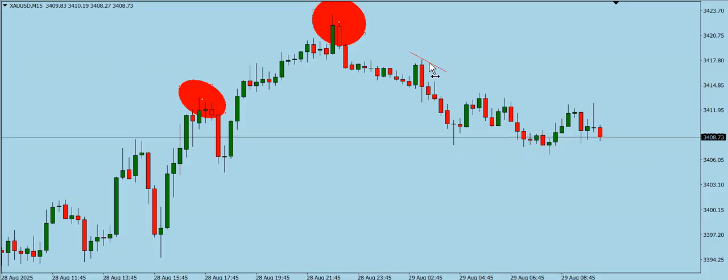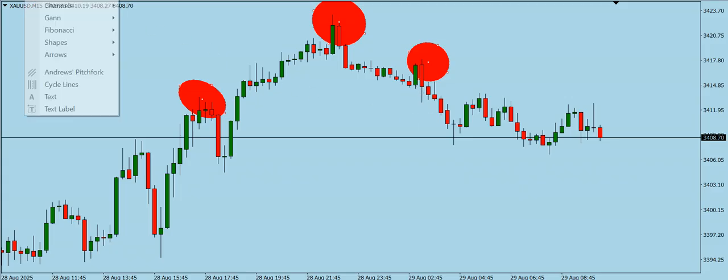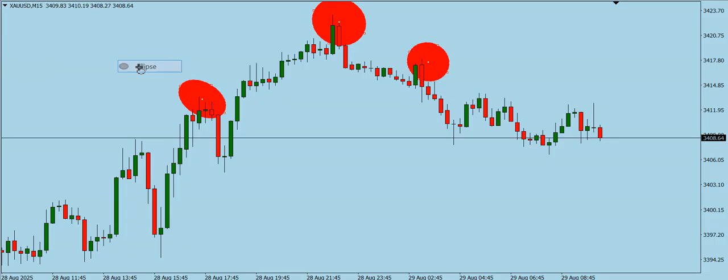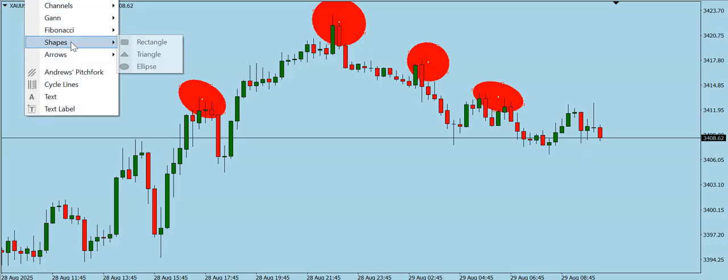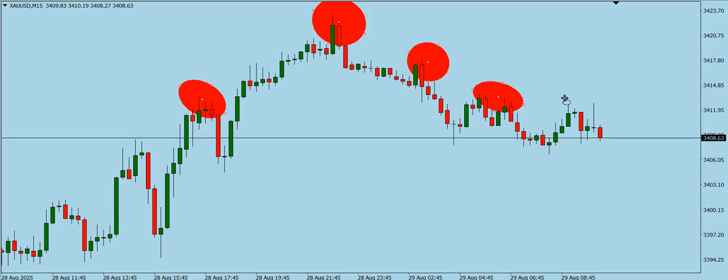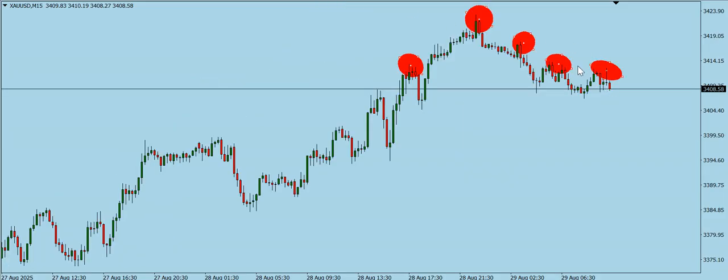Either this might be our right shoulder, or this current resistance might be our right shoulder. Okay, but for now, price is looking heavy at the top and trying to drop.